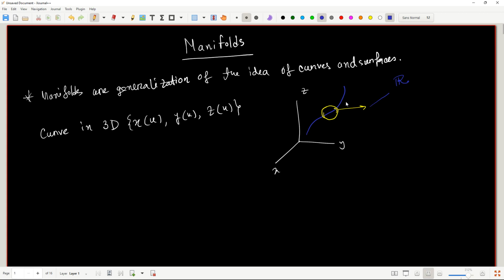And the very idea that this type of homeomorphisms are useful relies on the fact that this will enable us to develop calculus on manifolds in terms of the ordinary calculus that you see on any R^m. That is the ordinary calculus that you do.